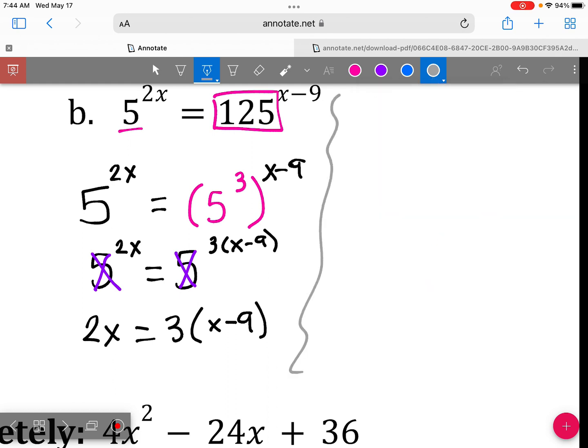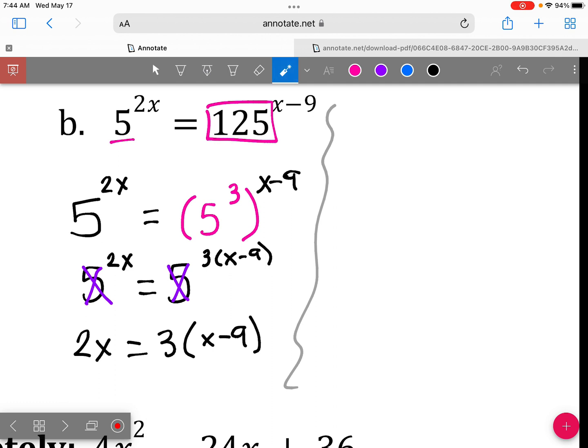I'm going to do this so I can write up at the top again. So what can I do down here to start to solve this? Distribute. We're going to have our 2x equals 3x minus 27. Then what are we going to do?